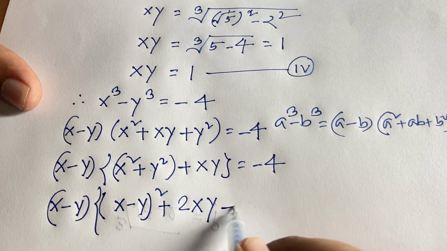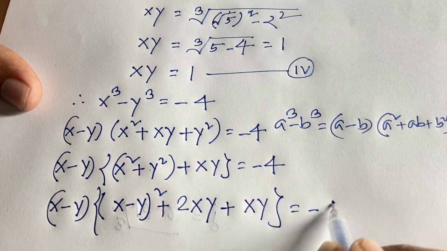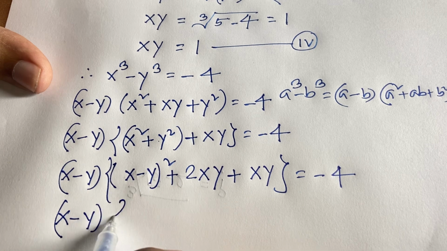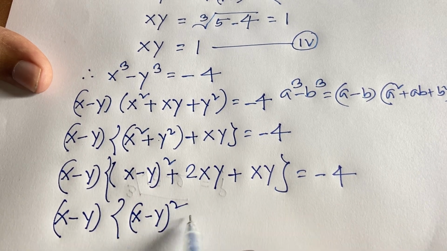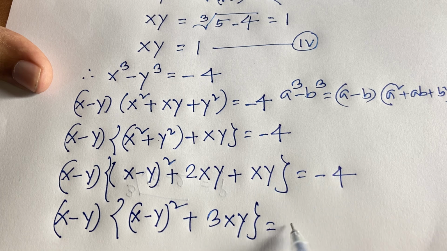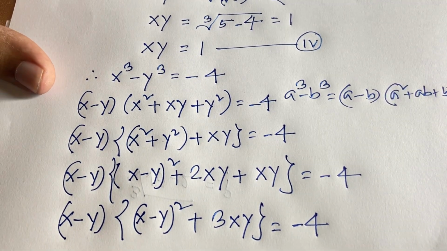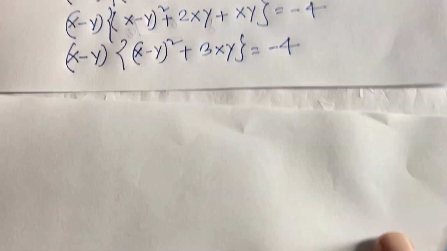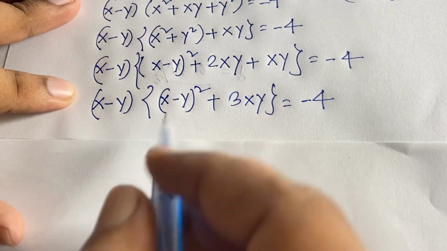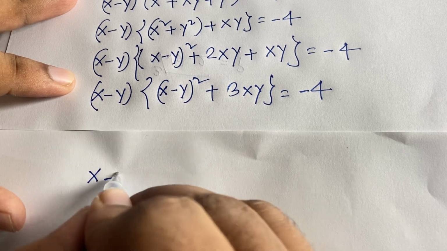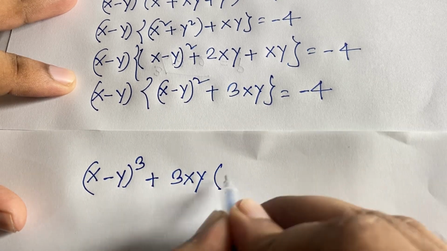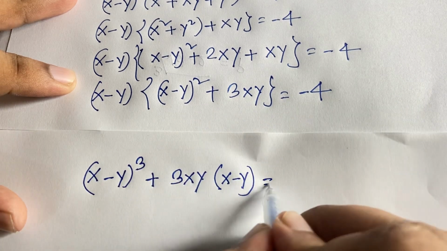So with xy, and here is minus 4, it will be x minus y times x minus y whole squared plus 3xy is equal to minus 4. Now this equation becomes x minus y times x minus y whole squared, which is x minus y whole to the power 3, plus 3xy times x minus y, is equal to minus 4.